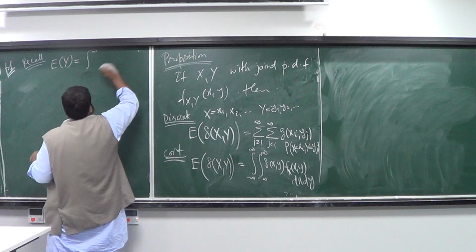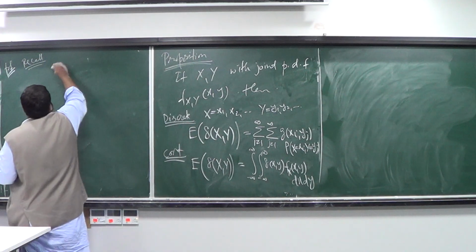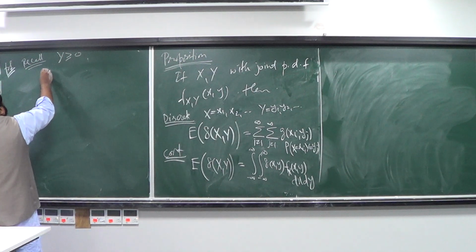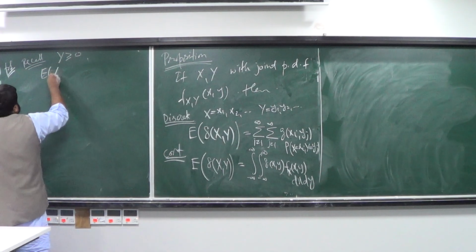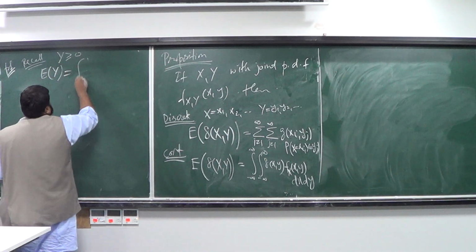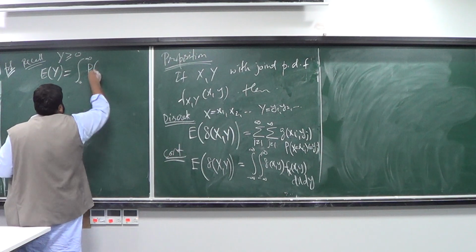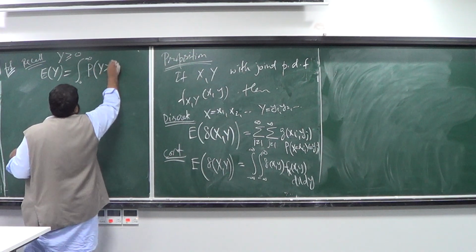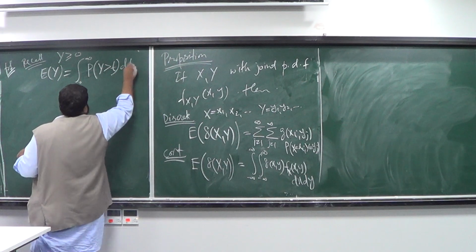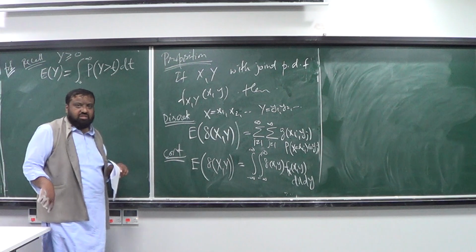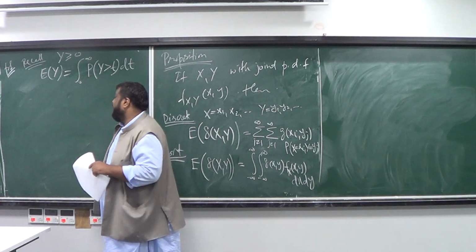In other words, let's assume that y is greater than or equal to 0, and then the expectation of y would be equal to an integral from 0 to infinity of the probability that y is bigger than t, with respect to dt. We proved this lemma previously, so this is not something that I'm just recalling.